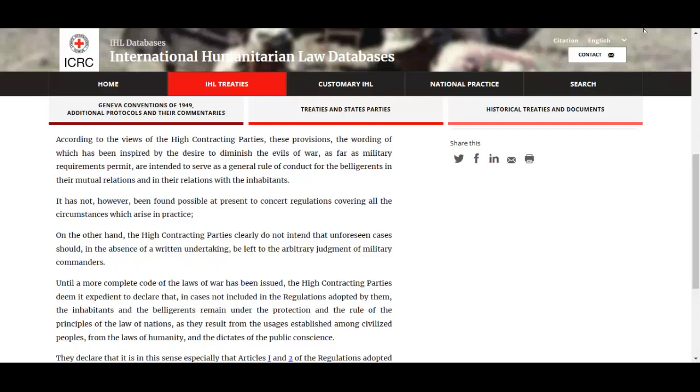Until a more complete code of the laws of war can be drawn up, the high contracting parties deem it expedient to declare that, in cases not covered by the rules adopted by them, the inhabitants and the belligerents remain under the protection and governance of the principles of the law of nations, derived from the usages established among civilized peoples, from the laws of humanity, and from the dictates of the public conscience.